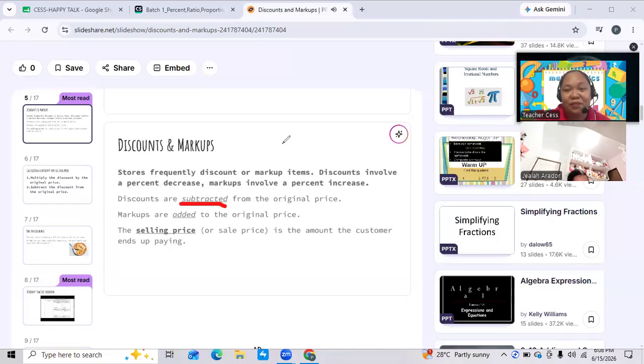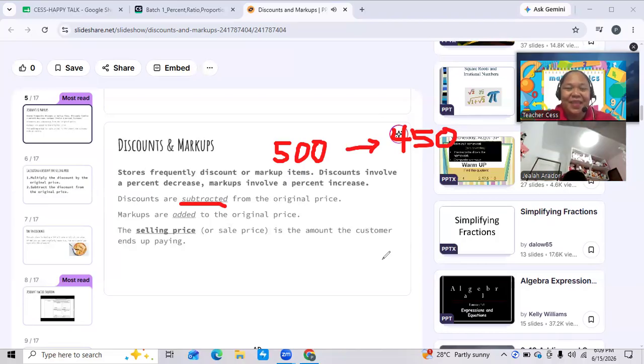Your dress is 500 and the discount is 50 pesos because 50 pesos is the 10% of 500. So how much are you going to pay for the dress? Instead of 500, you will pay 450. Very good. 450 because you subtract the discount, which is 50 pesos. You get it? Yes, teacher.